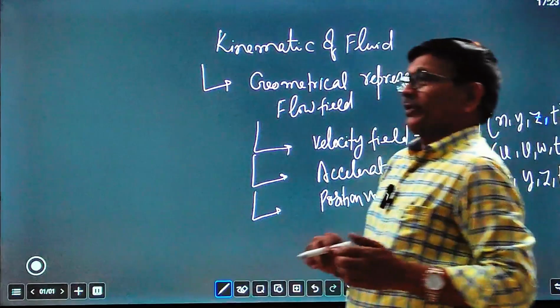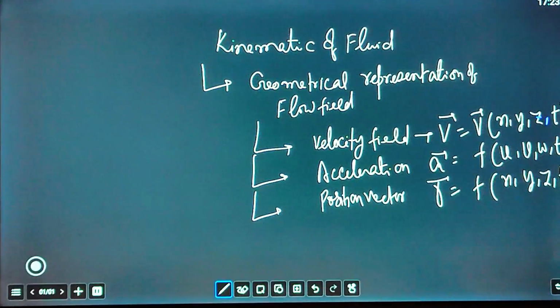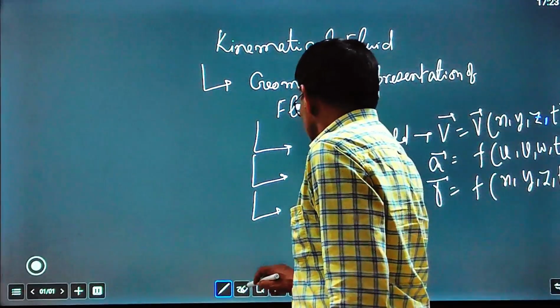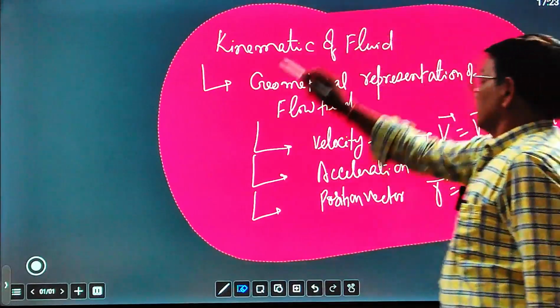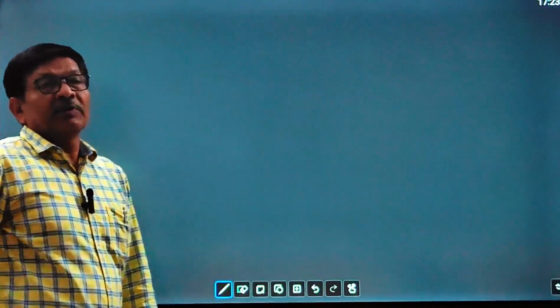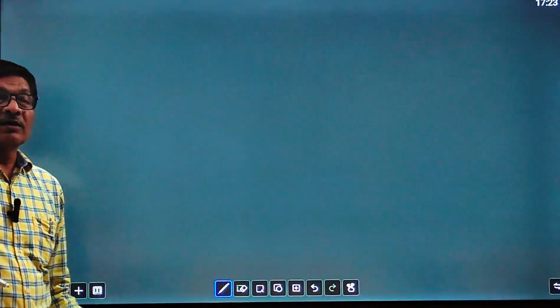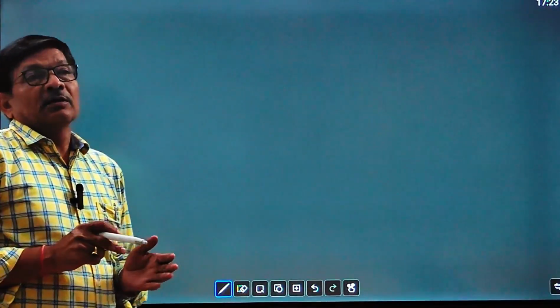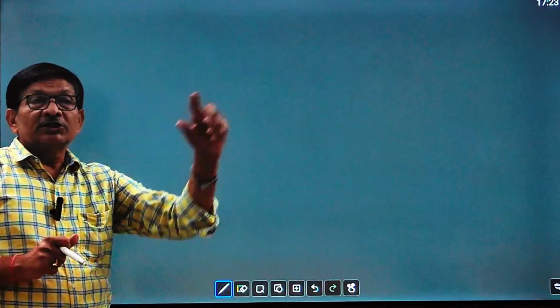The first most important thing I want to discuss here is the streamline, because streamlines are very important. Streamline, stream function and velocity potential are very important, and it is very easy to define stream function and streamlines.